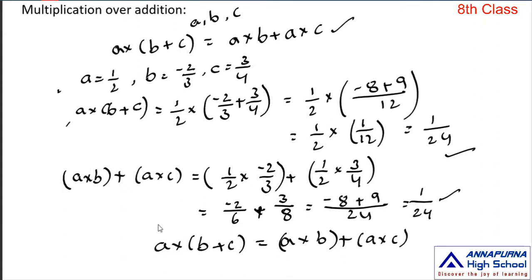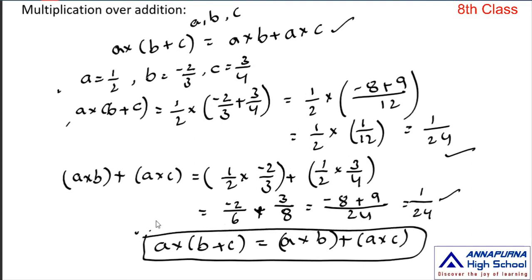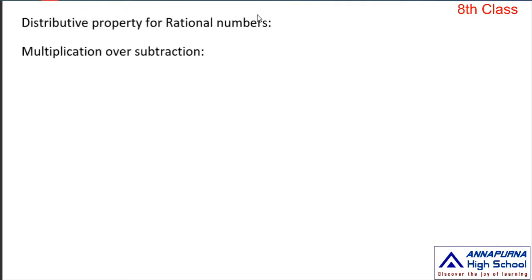This mathematical condition is true for rational numbers, and this relation will hold true for all rational numbers. Okay, let's come to the next one. The next one is the distributive property of multiplication over subtraction.